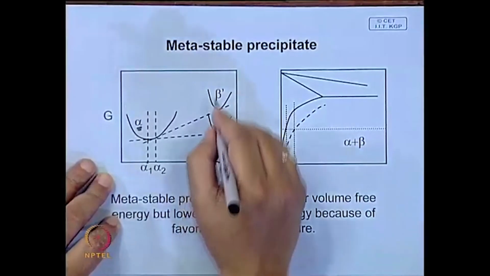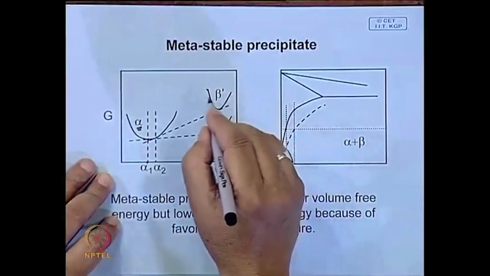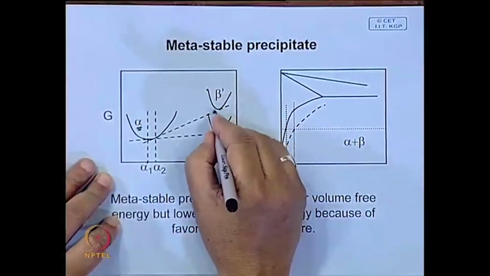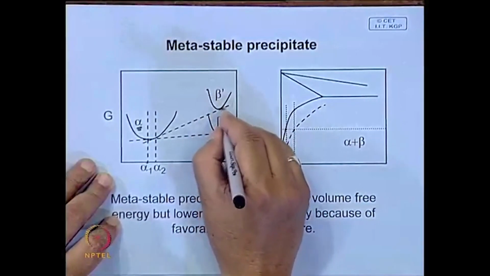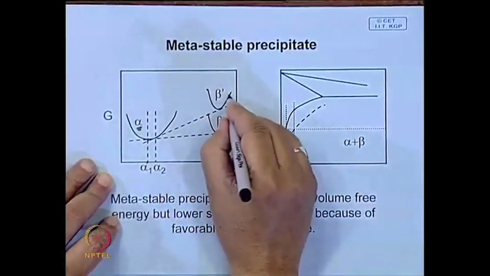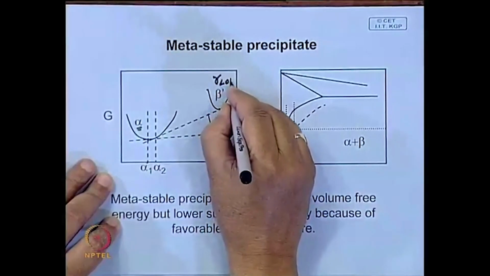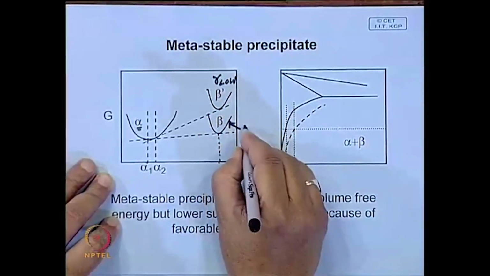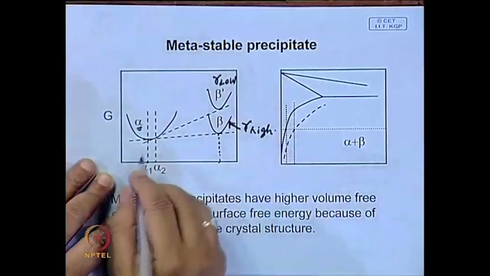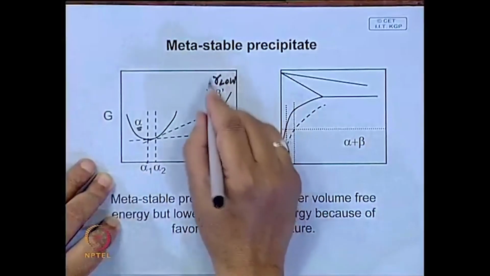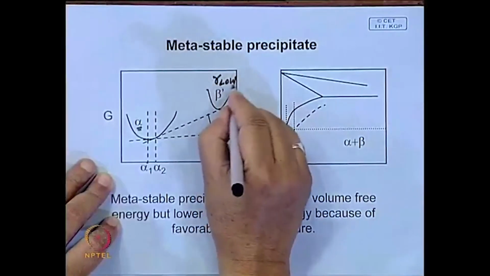Whereas, if you have a metastable precipitate, a coherent precipitate, say something which is shown here, thermodynamically it is a little unstable, so it has higher free energy. But look at what happens here. This has low gamma, whereas the incoherent, stable precipitate has high gamma. Now, because of the low gamma, it is preferred because it will have a low activation hill to overcome.